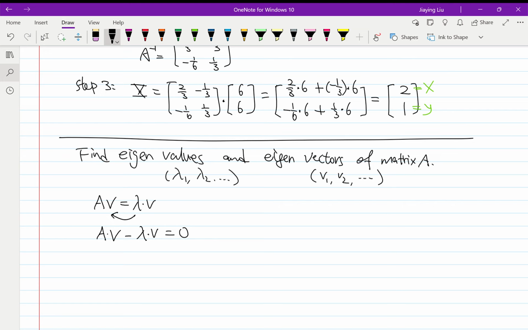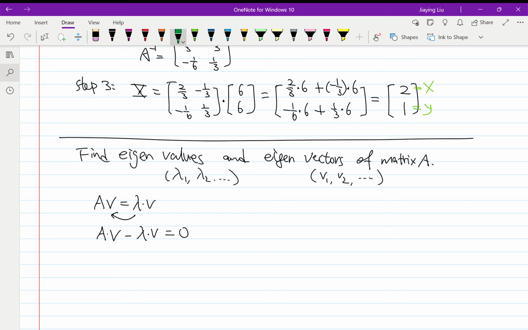If we want to solve for lambda or solve for v, we might want to simplify this equation. We can't do it yet because we cannot pull out the vector v from here. If we did, we would end up with A, the matrix, minus lambda, which is a number. We cannot perform the calculation of a matrix minus a number. They don't have the same dimension.